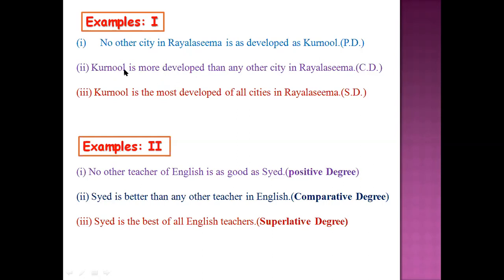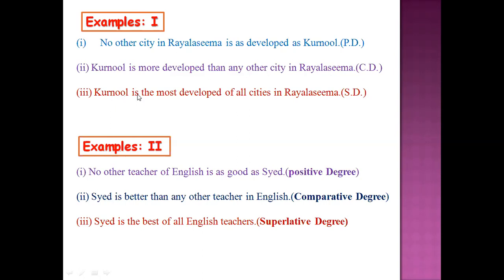Kurnool is the subject, plus verb, and here developed, more developed and most developed. A2: Kurnool is more developed than any other city in Rayalaseema. Now, how can we change it into superlative degree?